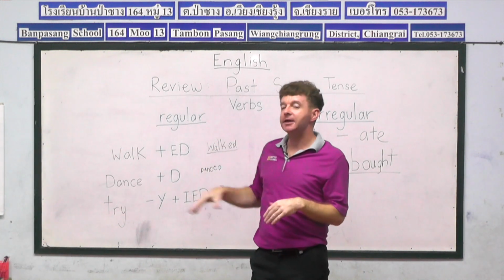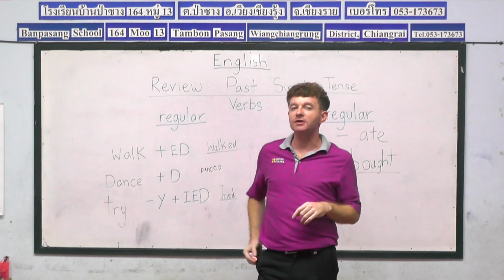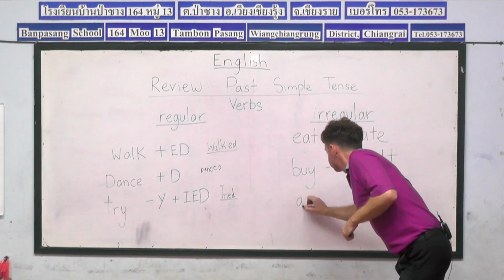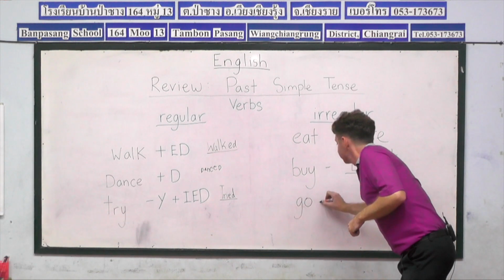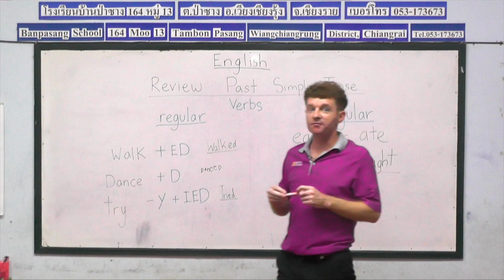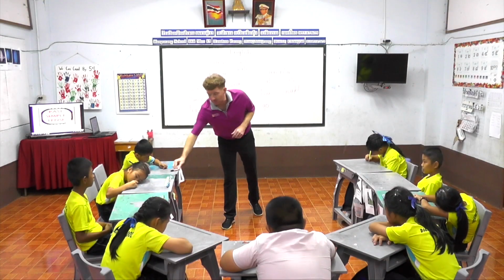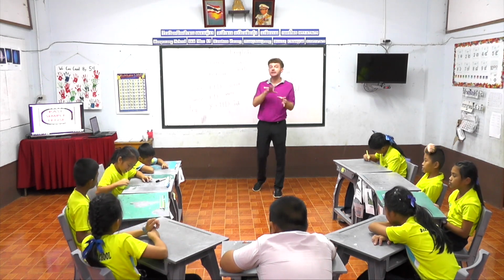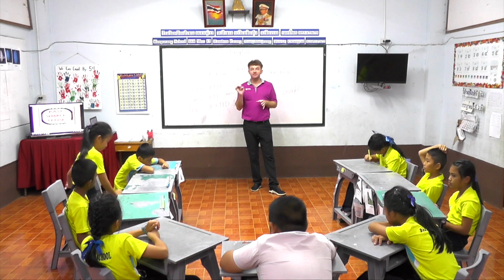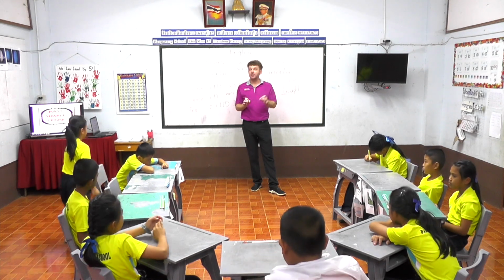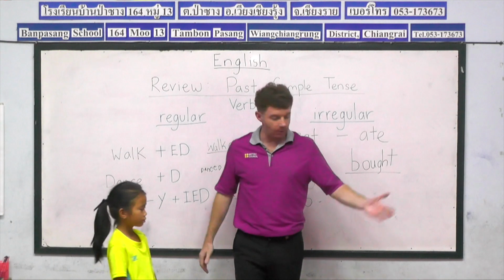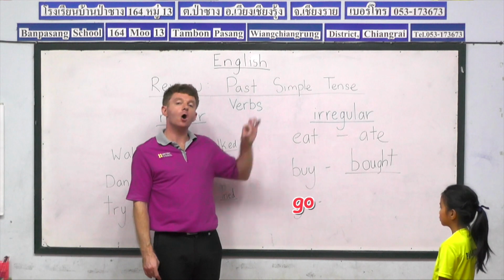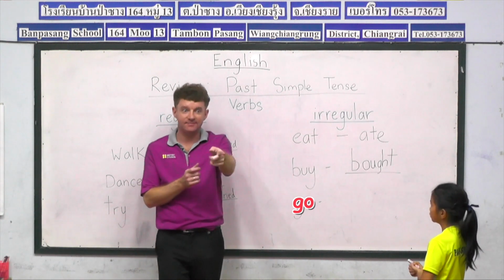So we've got three regular verbs, so let's do one more example of an irregular verb. Okay, we have the irregular verb go. And I would like Prel to come forward and show us how we can change the irregular present tense go into the irregular past tense. So Prel, you can stand here for me, please. So we have go. How do we change go into the past tense? Went. Excellent.